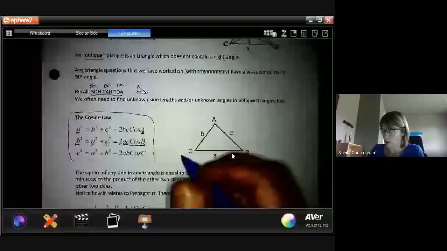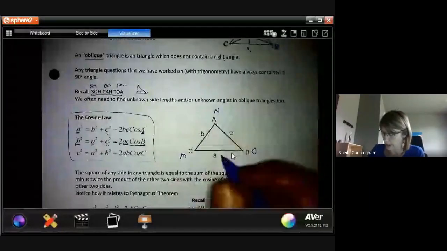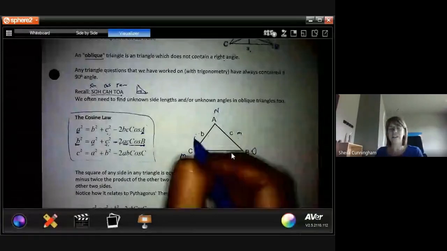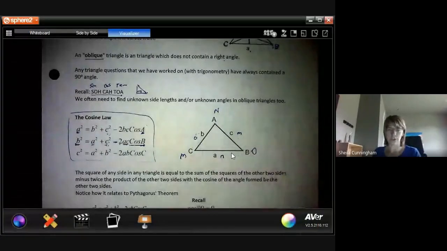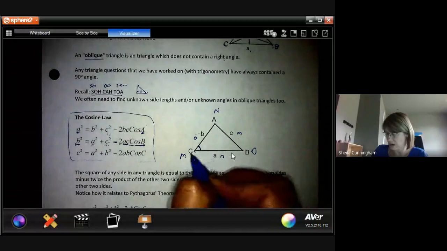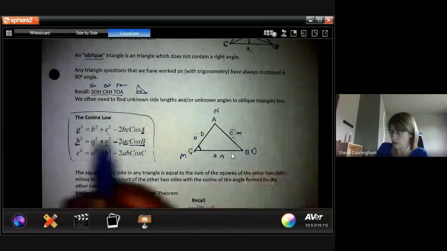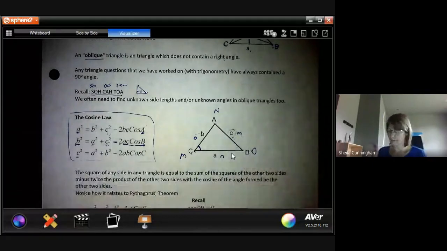So this could have been M, N, O, which means this would be a little n, this would be a little m, and this would be an O. The label literally does not matter. The main thing is if you're trying to find this particular angle, angle C here, the corresponding side measure would be across the equal sign on the other side. Are there any questions with that so far?